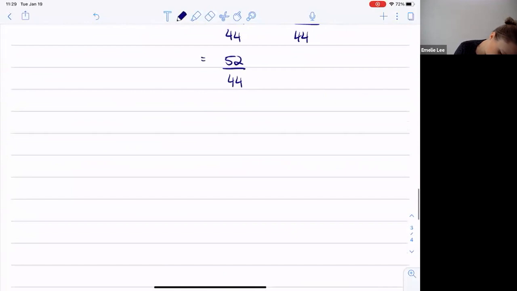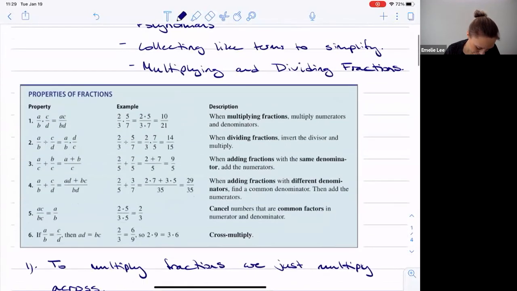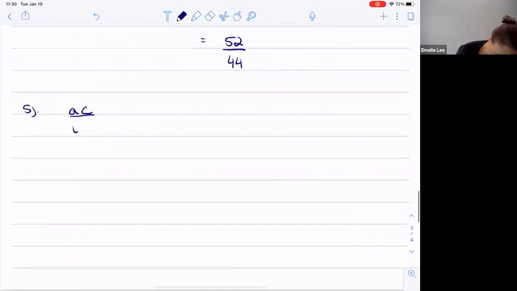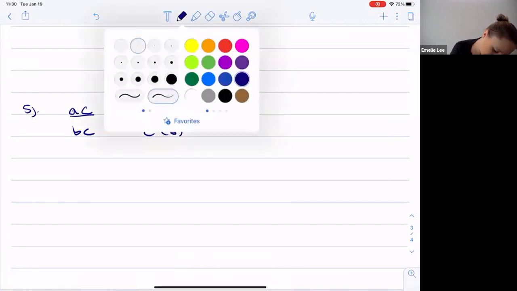And so here, property number 5, now I can't remember what it is. AC over BC, too easy. AC over BC, right, is the same as C times A, just rewriting, just to clarify that I've got this common factor here of C. So I can extract that to the outside over C times B, right?